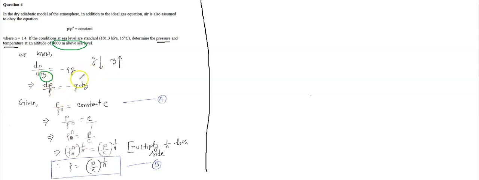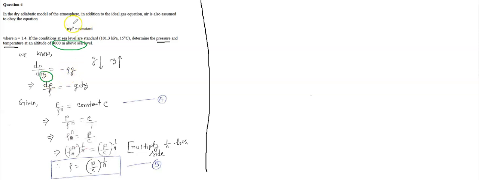Now if we do some simplification, we can put the rho on the left-hand side: dp equals negative rho g dz, where g is gravity. So that's how we simplified that equation.